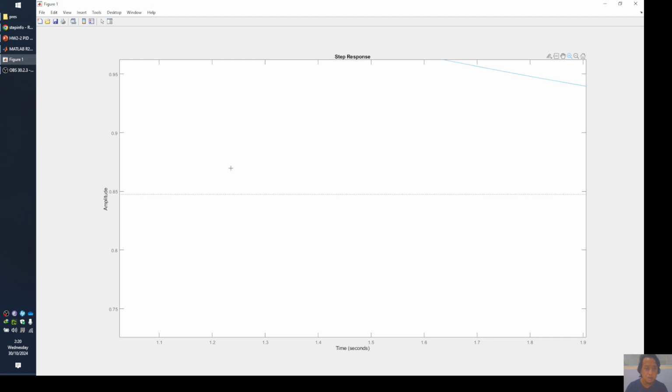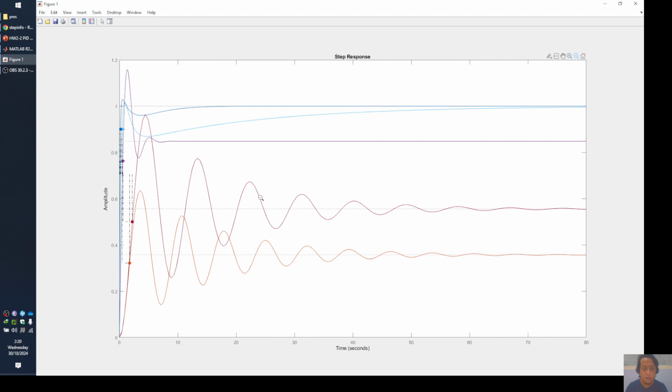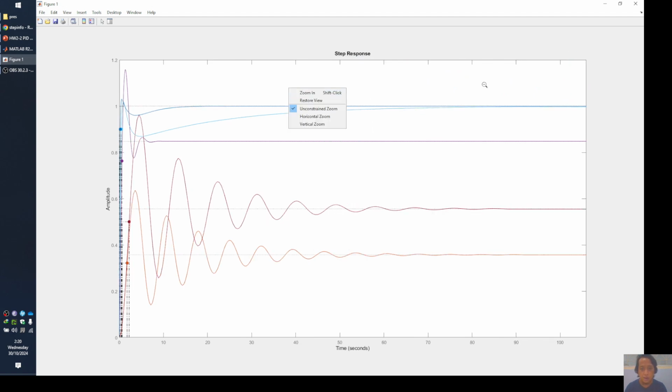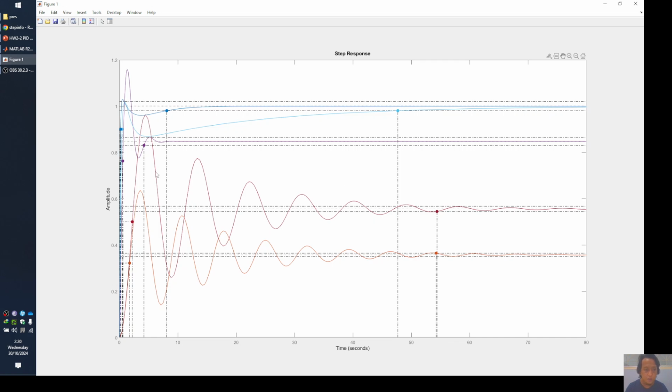And for the settling time, this is the settling time. The settling time is faster but not good. This is the fourth one. It's quite good.